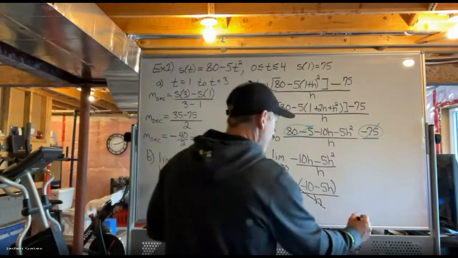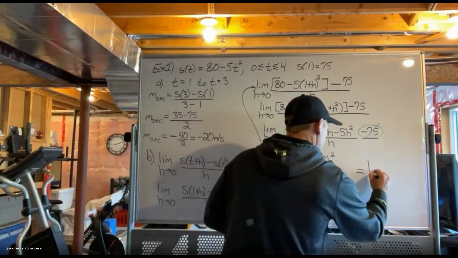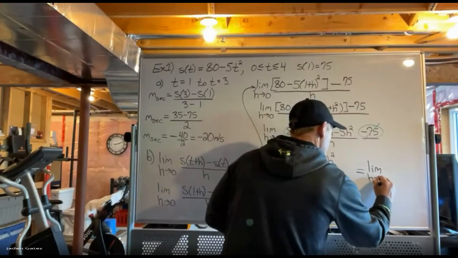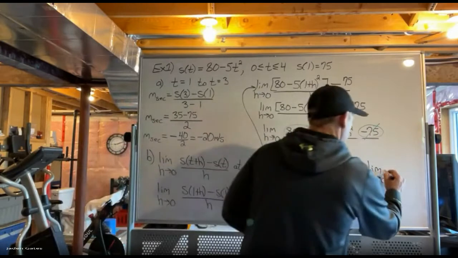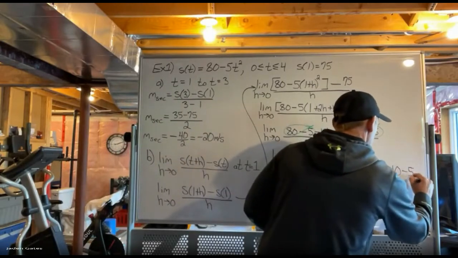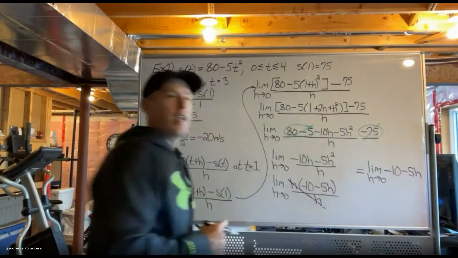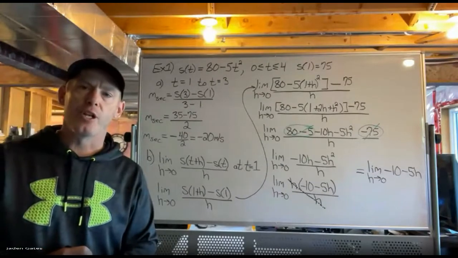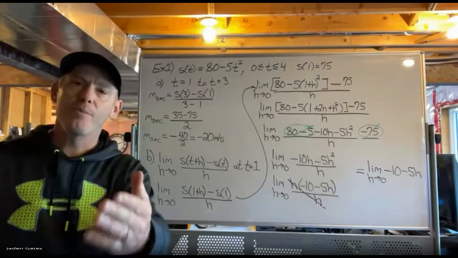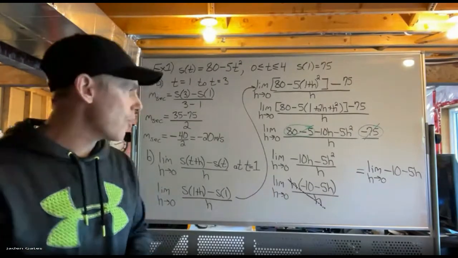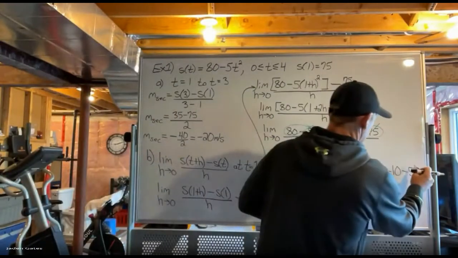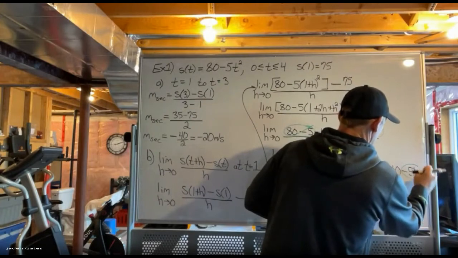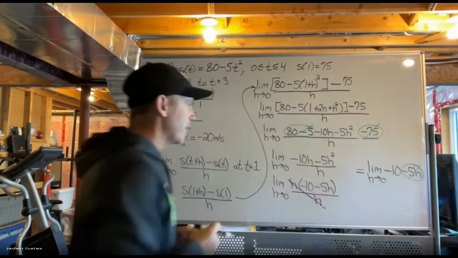So I've got here the limit as h approaches 0 of whatever's left, minus 10 minus 5h. Now I do not have an h in the denominator, so now I can plug in that h. H is 0. Well, that just means this minus 5h here is gone, right? Because I plug in a 0 there.